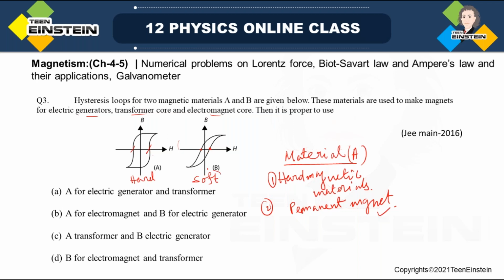So B can be used as electromagnet, and for the transformer you also need a small hysteresis area, because a very large hysteresis area means more loss, more energy lost as heat. More energy loss will occur with material A, because it is a hard material and has greater area.